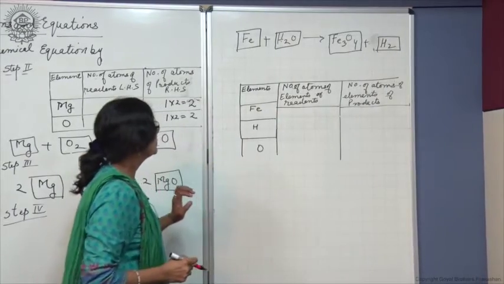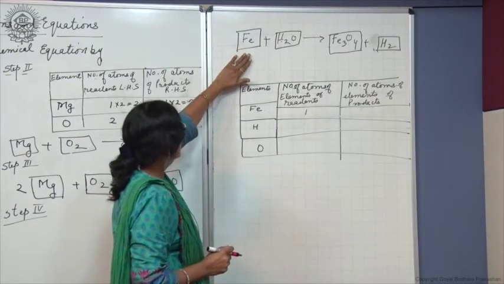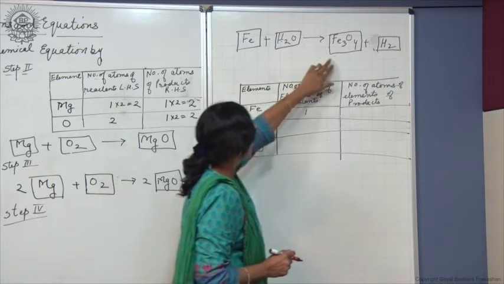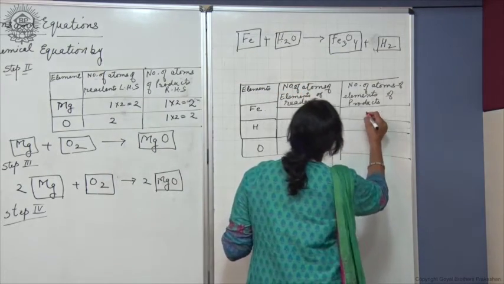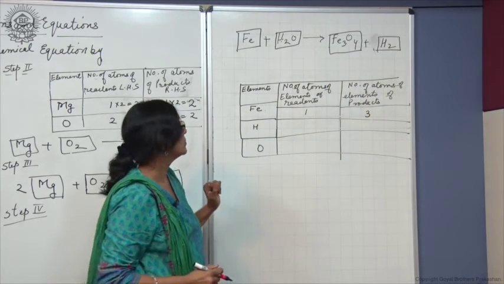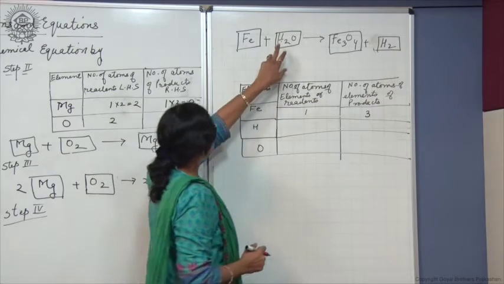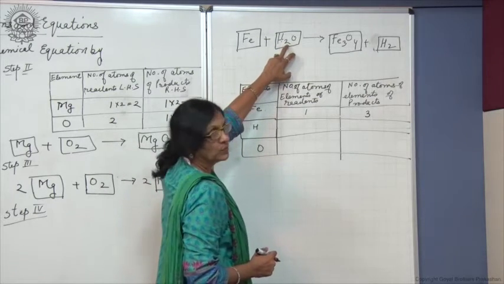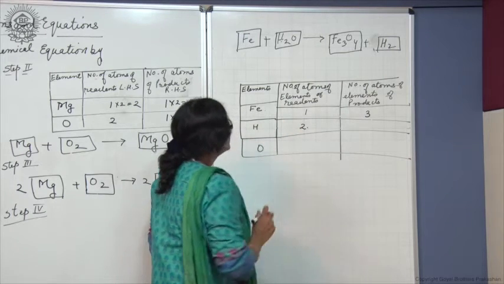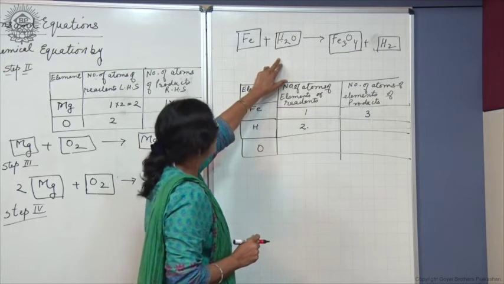Iron atoms on the reactant side are equal to 1 and on the product side equal to 3, Fe3; 3 is written as a subscript. Hydrogen H2 means there are 2 hydrogen atoms on the left hand side.